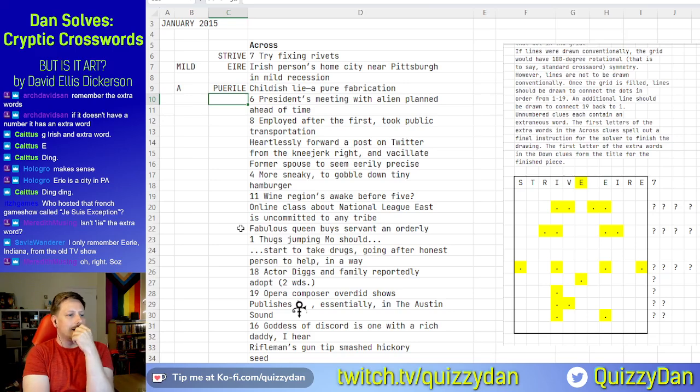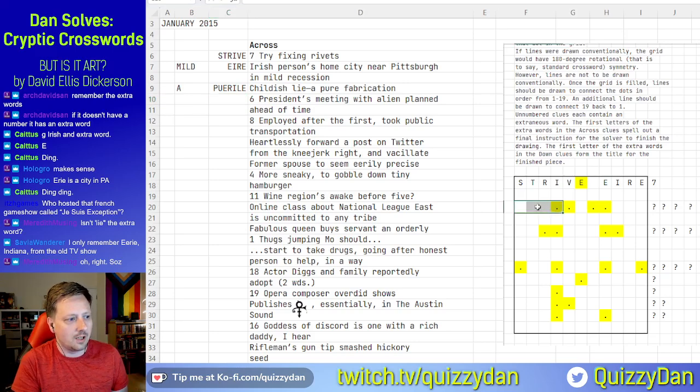Hang on. Well, I want it to be short. So puerile goes somewhere in here. And then 6 has to touch a dot. So it's going to be on this line. Planned.